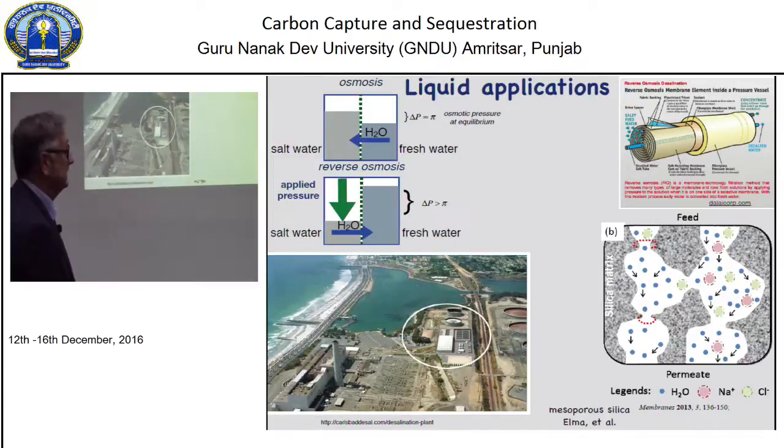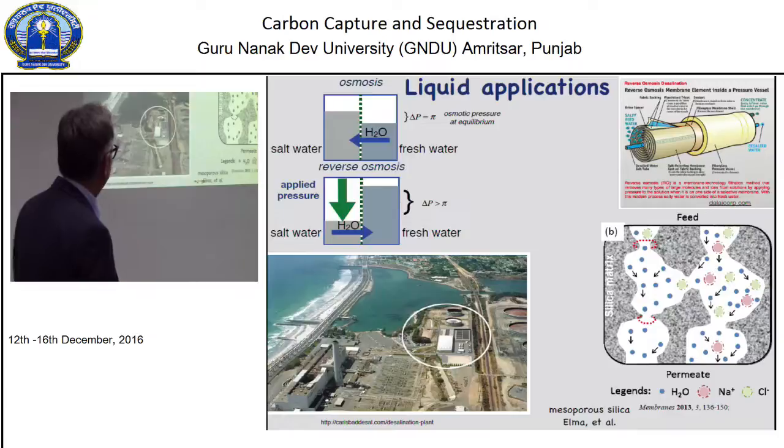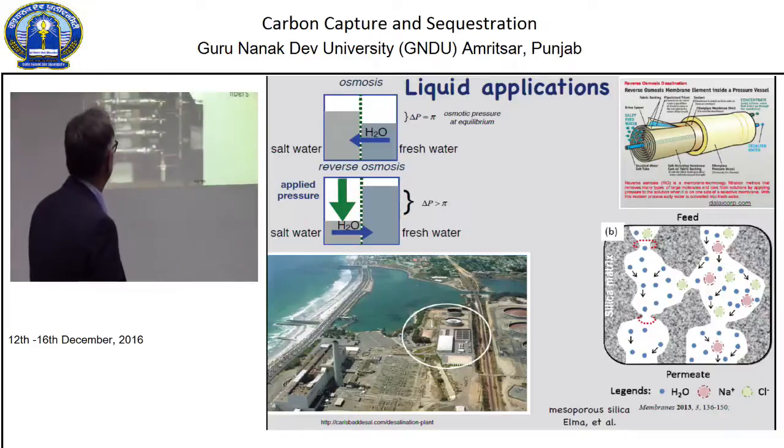These membranes are very elaborate in their construction. You don't need to look at the details just to recognize that these are highly engineered materials. And they have elaborate physical chemistry associated with how ions, particularly in desalination, move through pores relative to how water molecules, which are not charged, move through the pores.